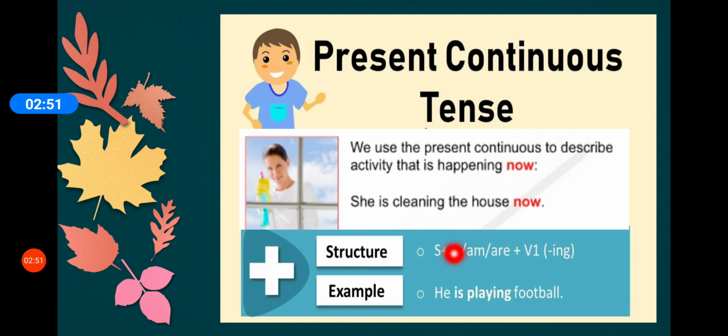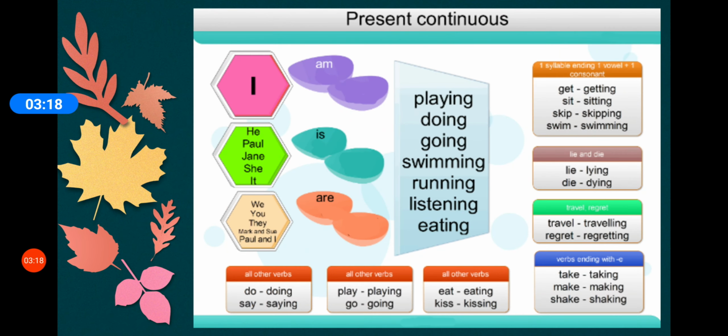Like, he is playing football. He is the subject, and with he we make use of is. Play is the first form of the verb and we have added ing to it. So, he is playing football is a sentence in present continuous tense. Right, children? There are certain other things also which we must know before starting the exercises. Yes.